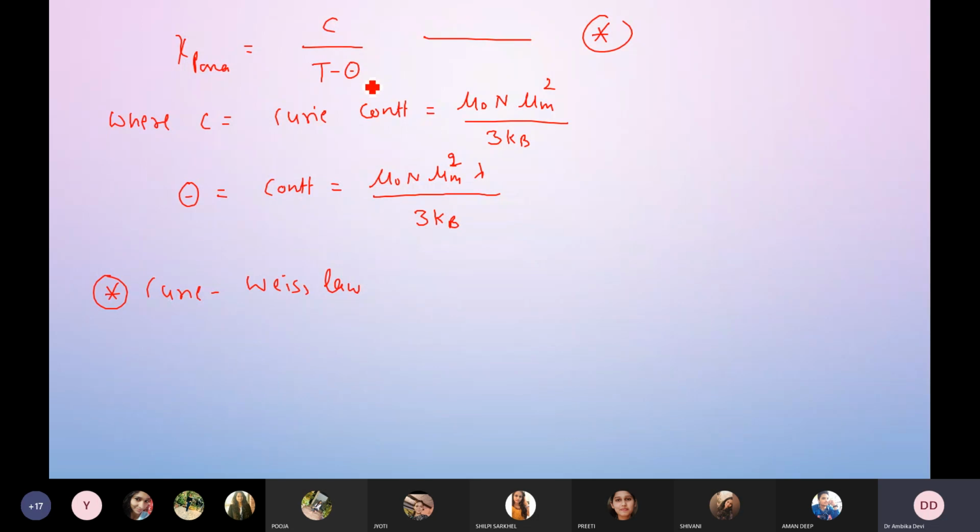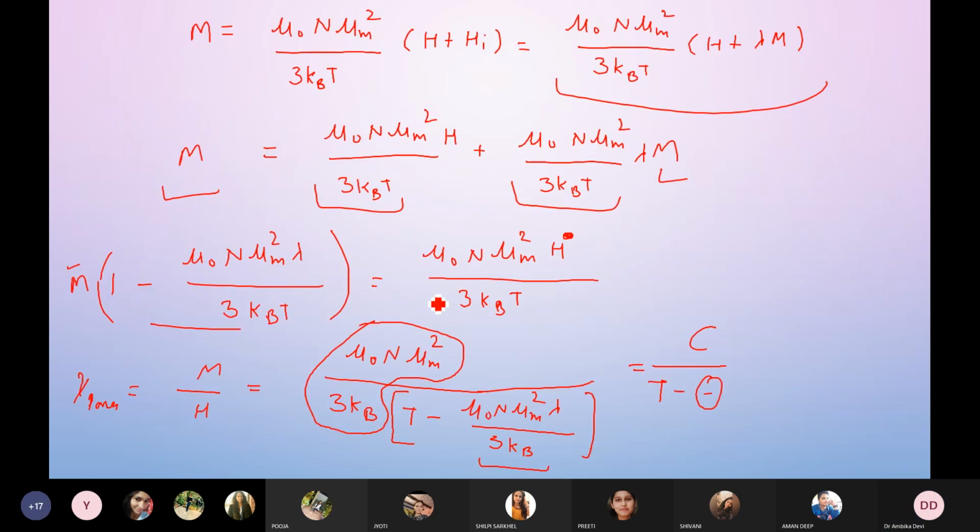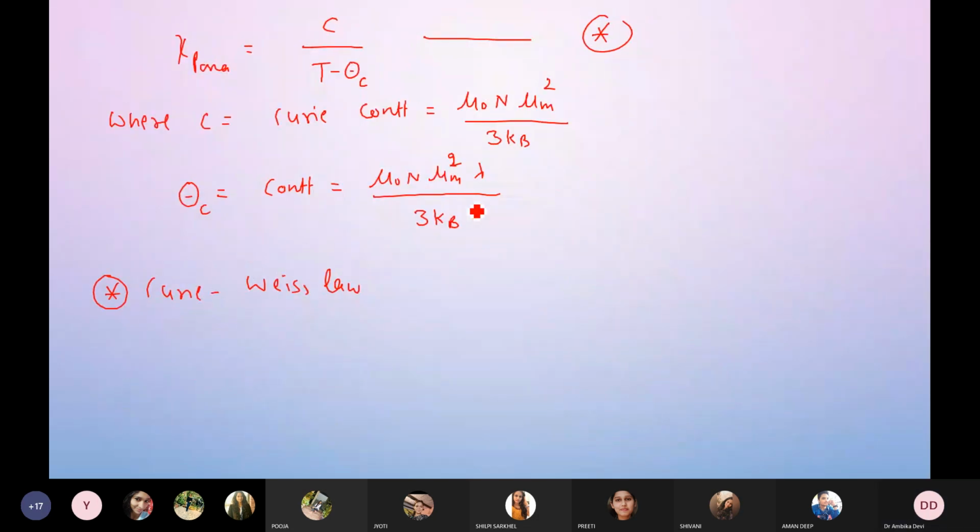Many times we also denote it by theta C. This is called paramagnetic Curie temperature.